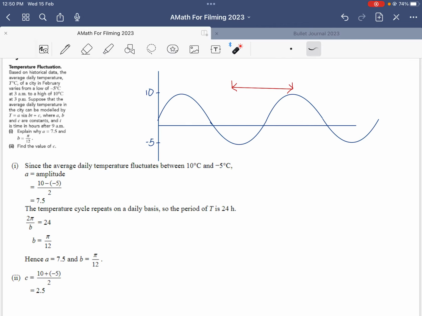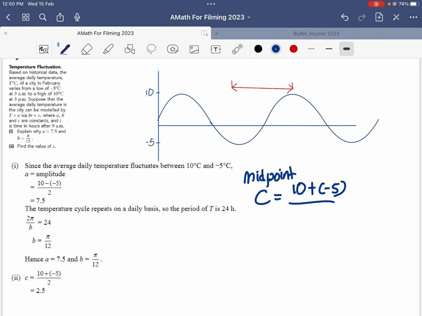So the simpler way is to take the max minus min divided by 2, it is 7.5. If not, I can find the midpoint, or C. My C value is 10 plus -5 divided by 2. It will give me 5 divided by 2, it is 2.5.